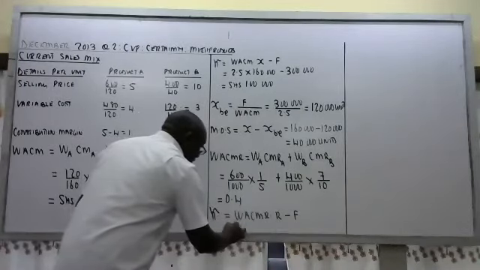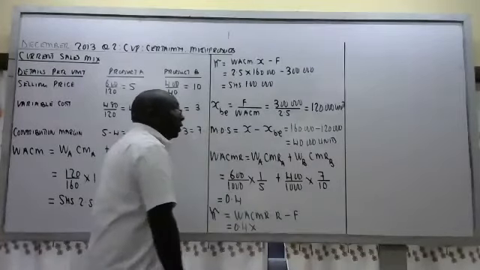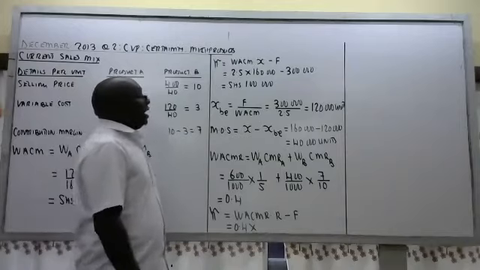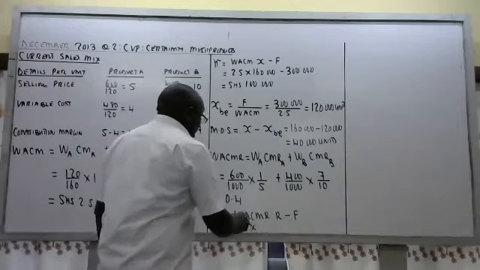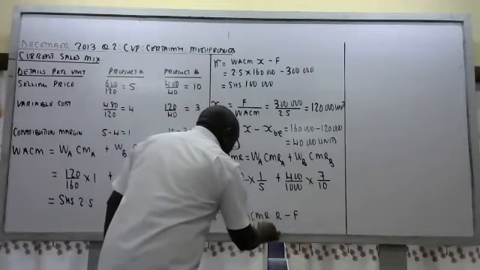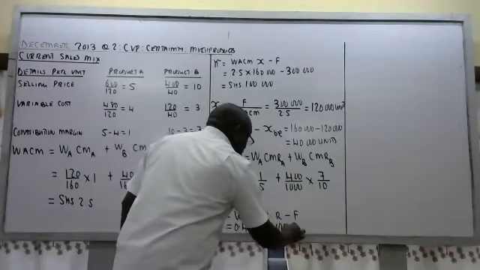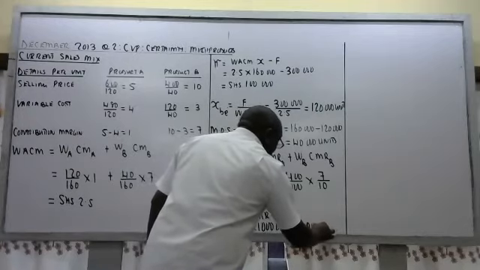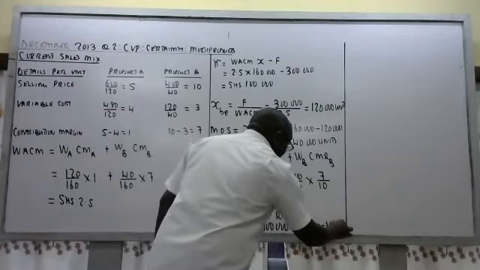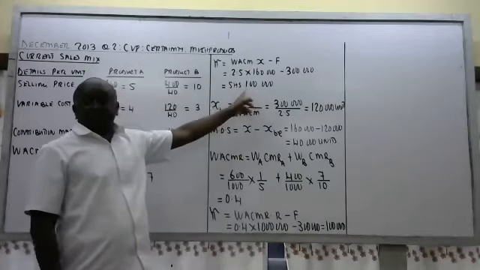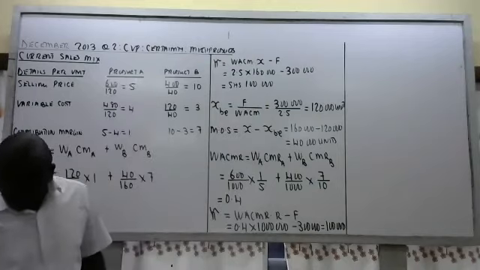So this will be 0.4 times the revenue. The whole revenue is 1 million, minus the fixed cost of 300,000. And this one again goes back to 100,000, this one that we had.